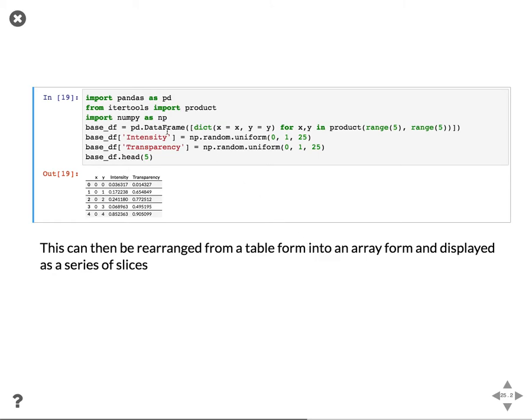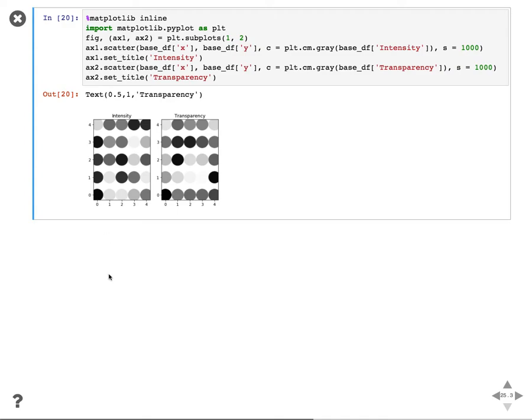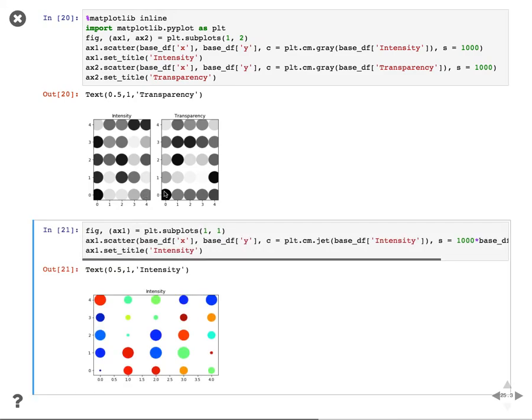Here is a very simple example where you have an intensity and maybe some other value called transparency. You have it as a table presented there. Then you can render it as images where you can show the intensity as one image, the transparency as another image, or you can show them overlaid where you have the transparency set as the size and the intensity set as the color.